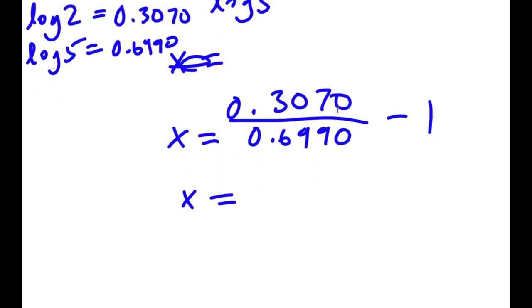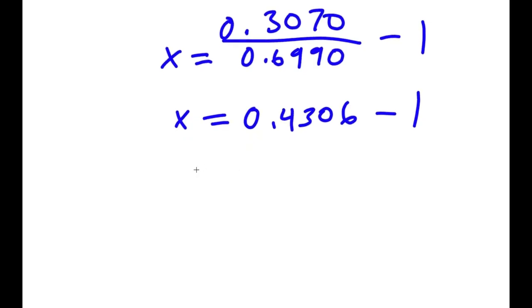Now, 0.3070 over 0.6990 is equal to 0.4306. So now I have x is equal to 0.4306 minus 1. And 0.4306 minus 1 is equal to negative 0.5694.